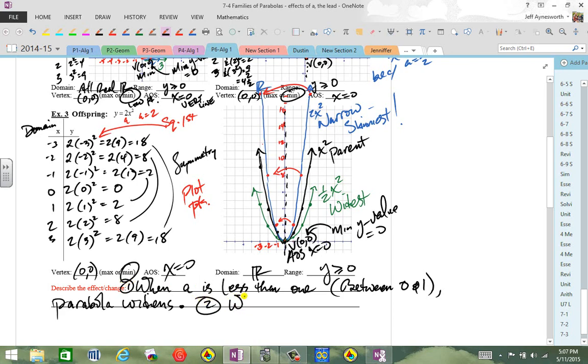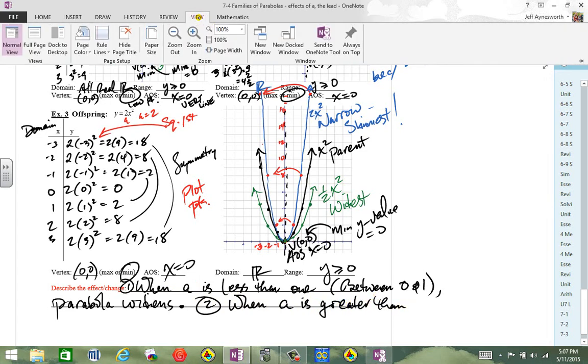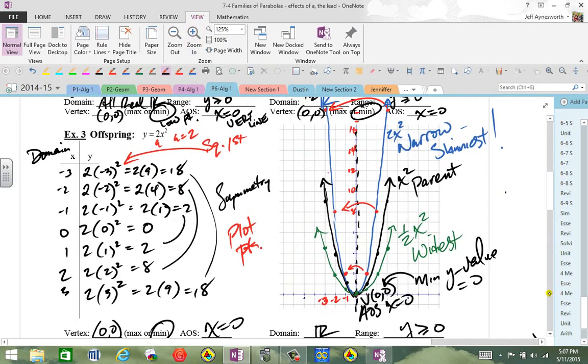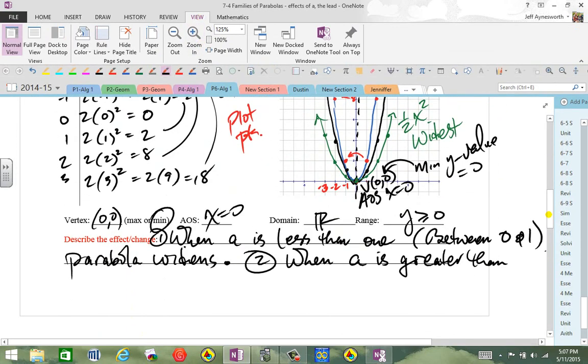Observation number 2. When A is, let's say, greater than 1, let me spell that out in words, because I'm not sure if you guys know what the symbols are. A is greater than 1.